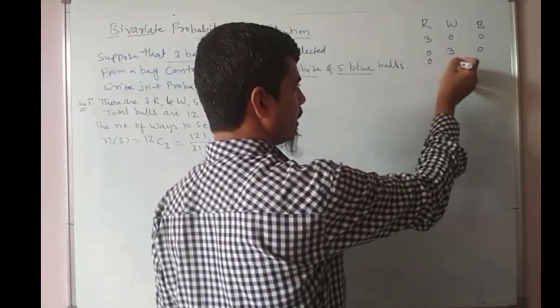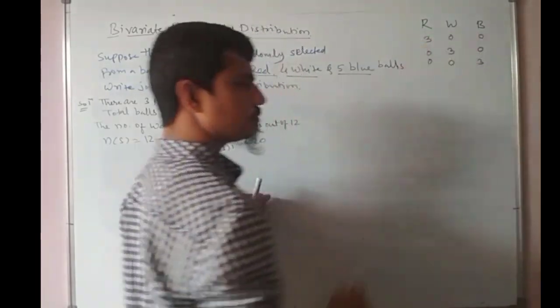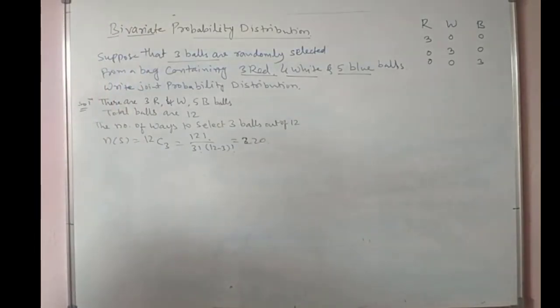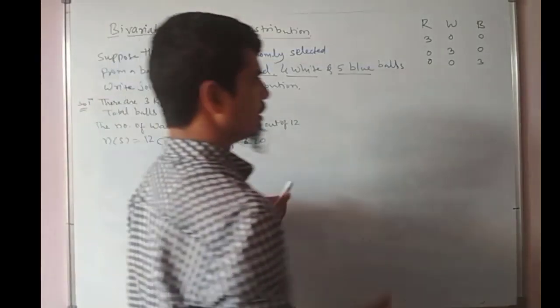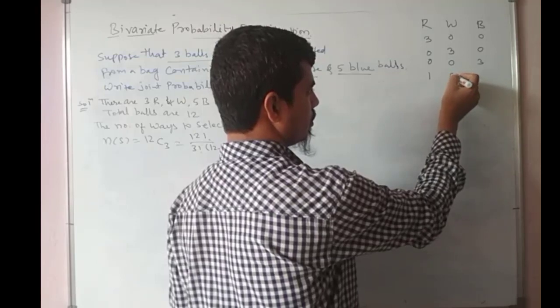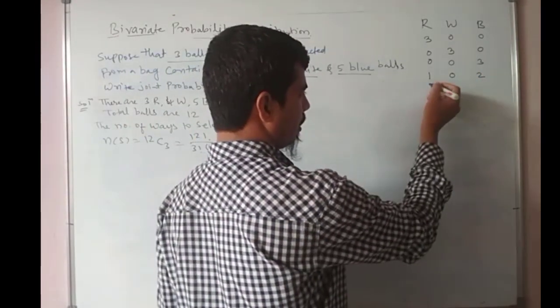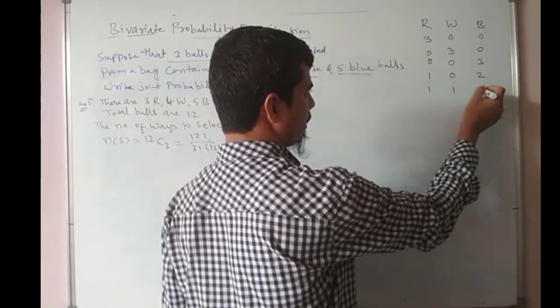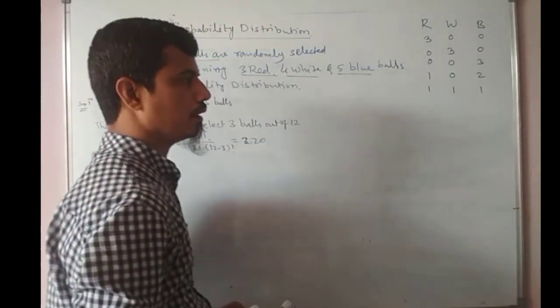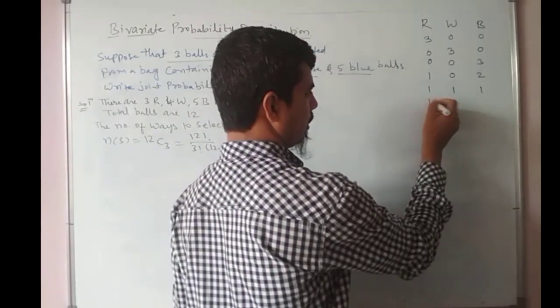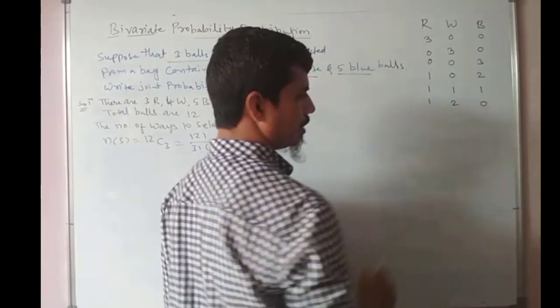Or 0 red, 0 white and 3 blue. Or 1 red, 0 white, 2 blue. Or 1 red, 1 white and 1 blue. Or 1 red, 2 white, 0 blue balls.